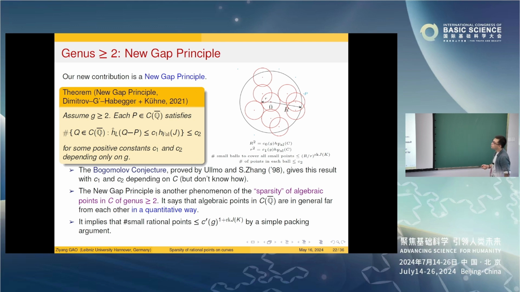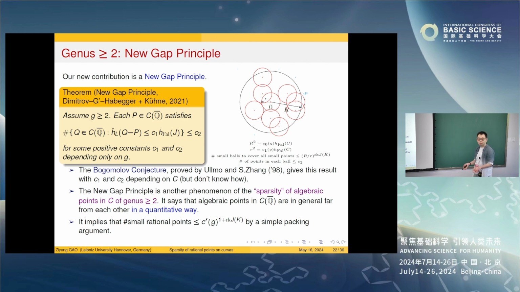And let's see how this theorem proves this rather uniform bound. It's quite easy by an elementary packing argument. Let me explain it. We only need to prove it for small points because the bound for large points is already good enough by classical results. Now, what are small points? They are points of norm at most capital R. And now let's try to cover this large ball by small balls of radius small r, with r squared being this term.